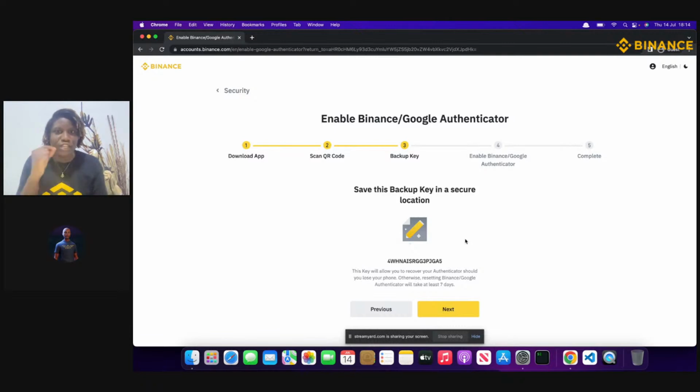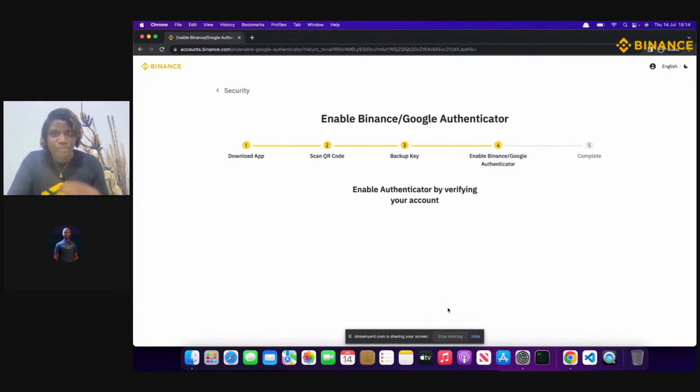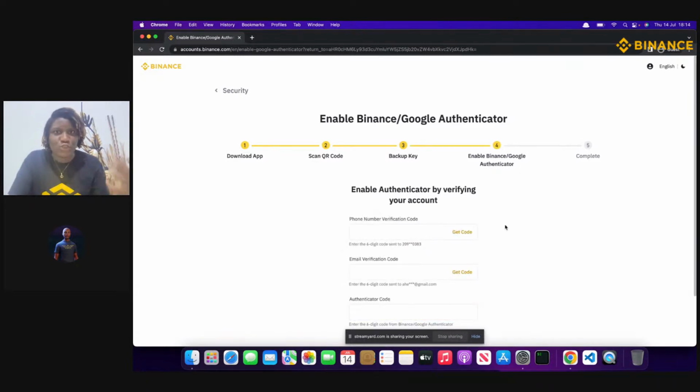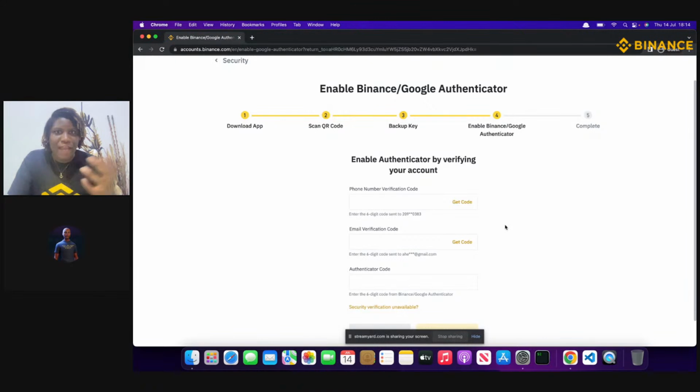Really important, because if you need to recover your authenticator should you lose your phone, this is what you're going to use. We know that the crypto space gives freedom, and freedom comes with responsibility. So you need to ensure that this is in place. We go to next, and then you need to verify this. Let me just go back here.